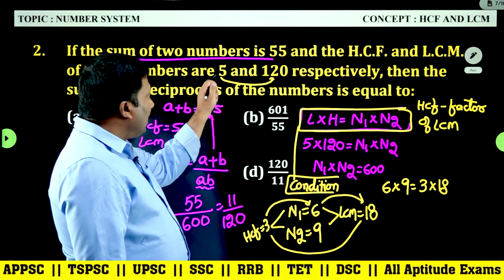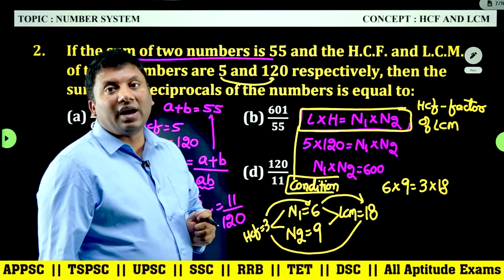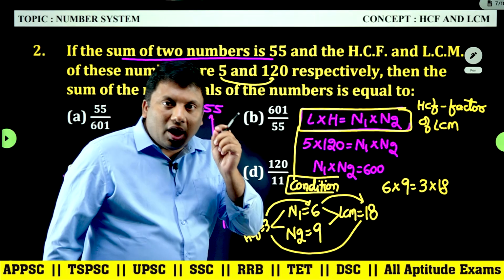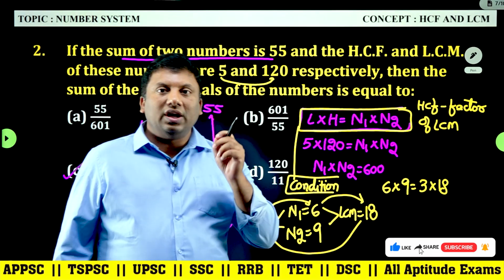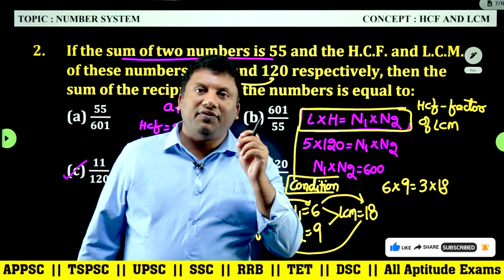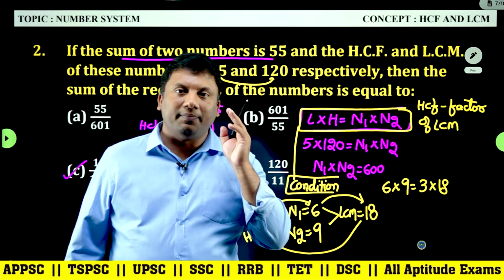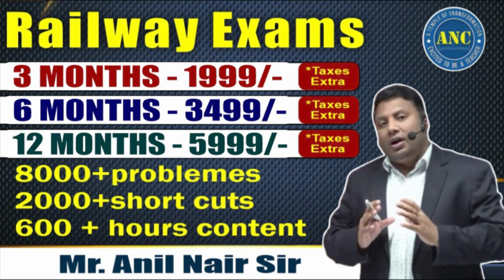There I used it. If 7 was given, the answer for this question would be data inconsistent. The product of two natural numbers is LCM into HCF only when HCF is a factor of LCM.